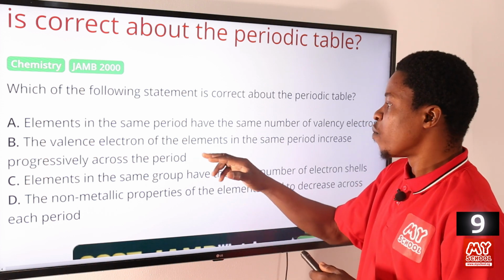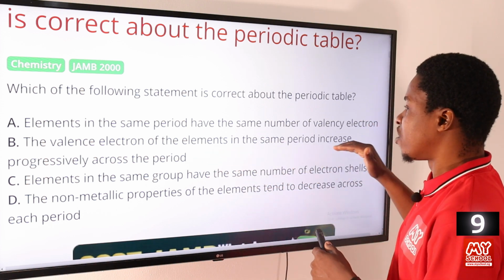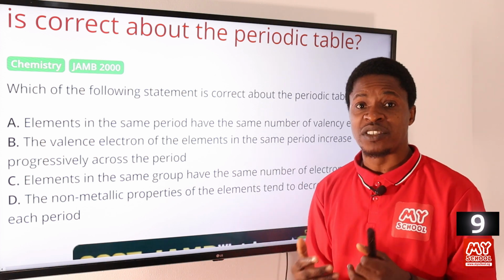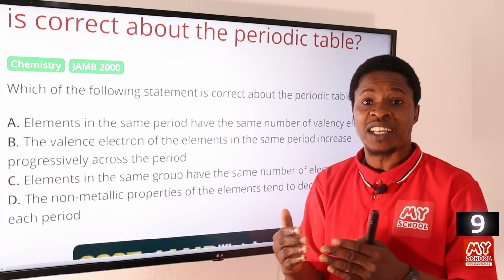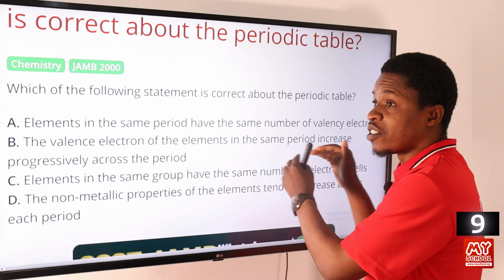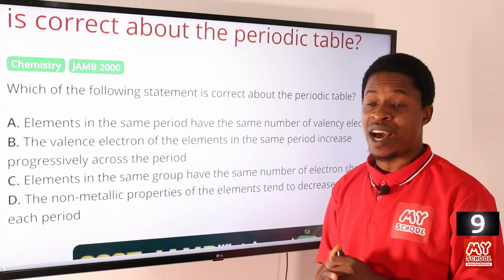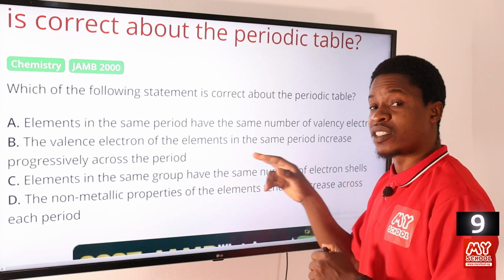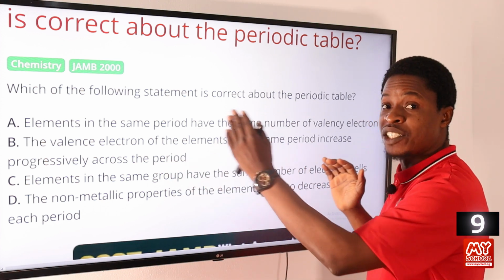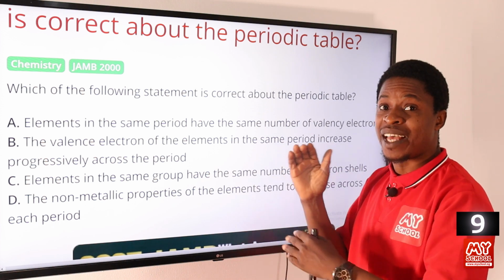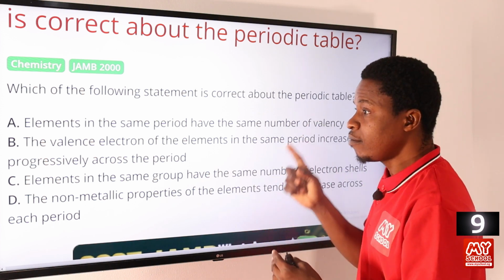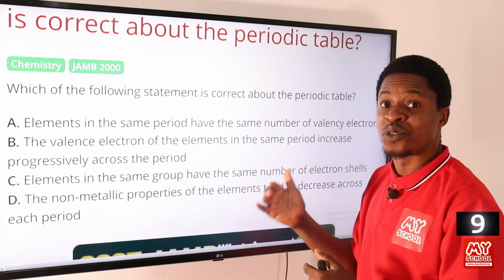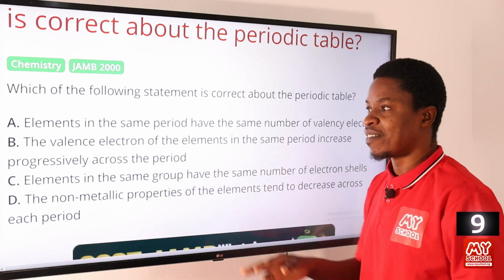As you move across the period, it increases. Why? Because the atomic number increases as you move across the period of the periodic table, from left to right. As the atomic number increases, the number of valence electrons in the outermost shell of the element will also increase progressively. So option B is correct.